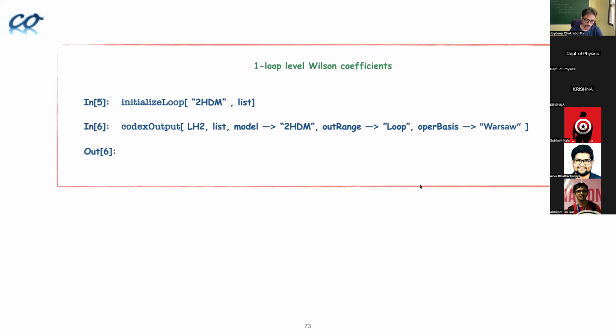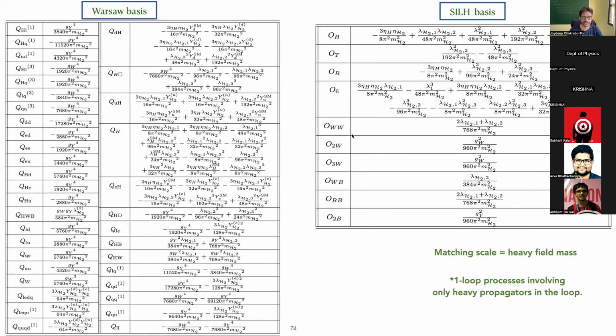So now, how do I calculate the loop thing? For that, you need to provide this order, which was earlier tree. Now this is loop. So once you do that, you basically get the loops. Now you see at the loop level, you generate so many operators.